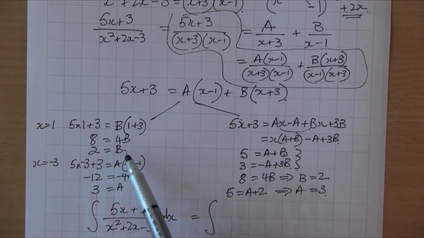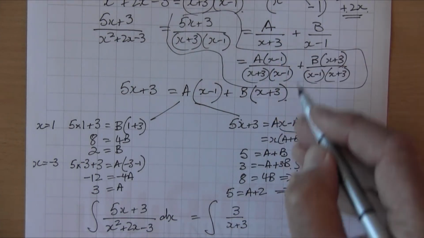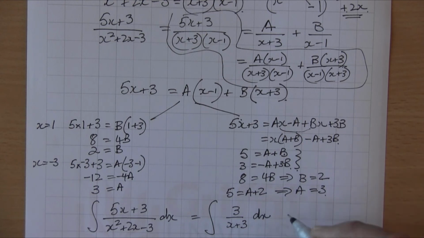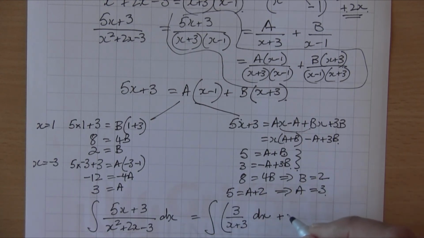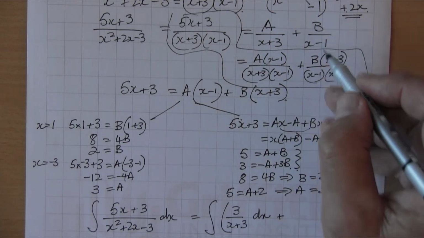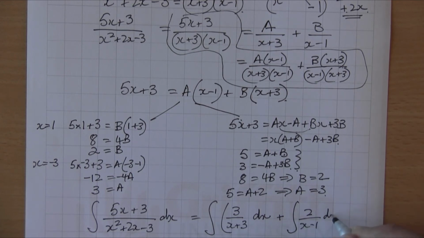And we've found that a is equal to 3, so it'll be the integral of 3 over x plus 3 dx, because a was equal to 3, plus b is equal to 2. We'll do it in two parts. 2 over x minus 1 dx.